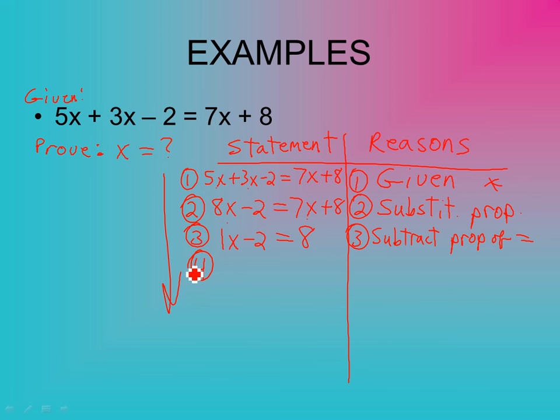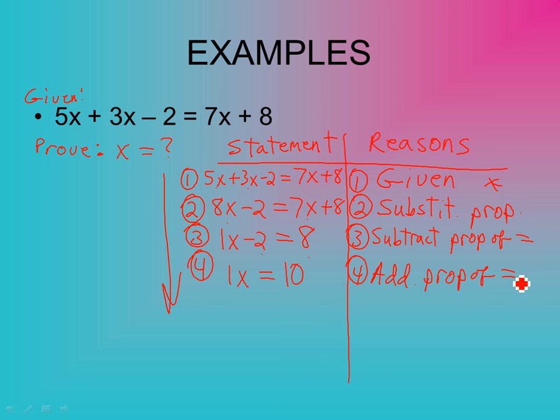Next thing I would do on this one to solve it is add the 2 to both sides. So that's going to leave me with 1x equals, add 2 to 8, and you get 10. And what I used there was the addition property of equality. I added the same thing to both sides of the equal sign to get 1x equals 10.